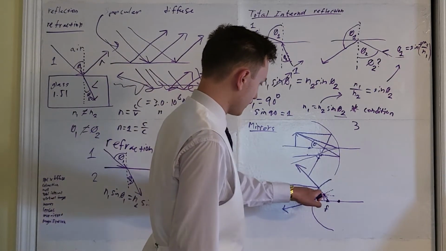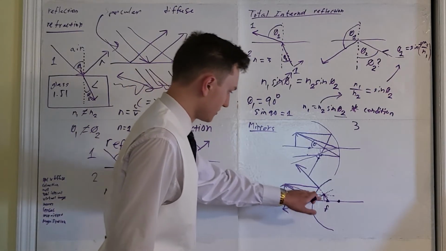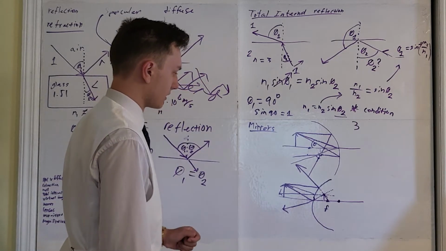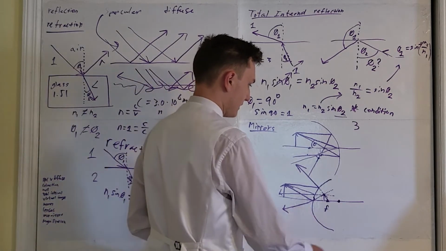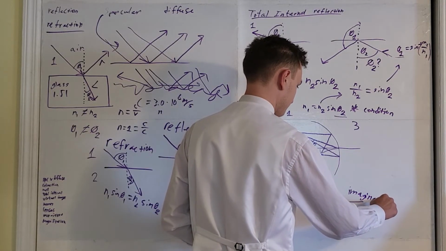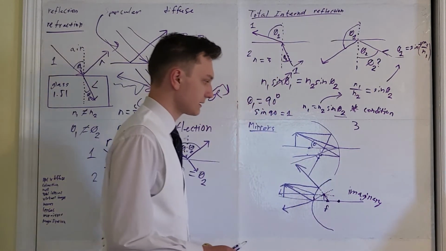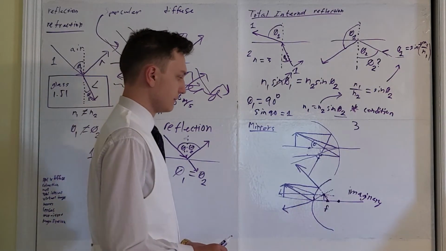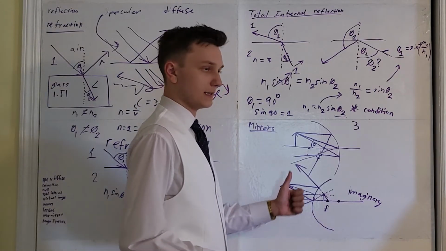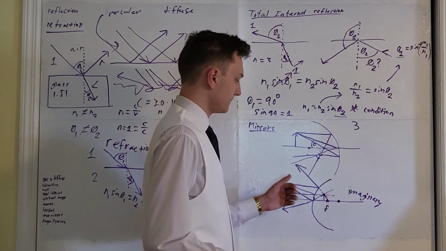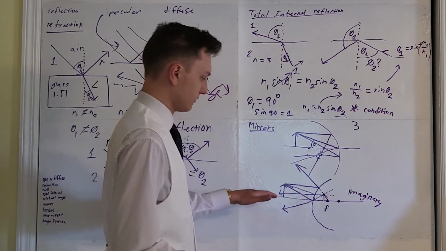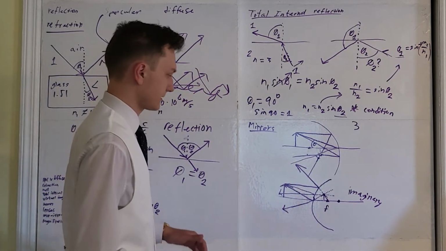So in this case, our image is upright. Our image is smaller than the original object. In this case, the image was also smaller than the original object. But here, our image was imaginary. Okay, the telltale signs of being an imaginary image are that the image is a negative distance, and a negative distance means that the image is on the opposite side of the mirror relative to the object.